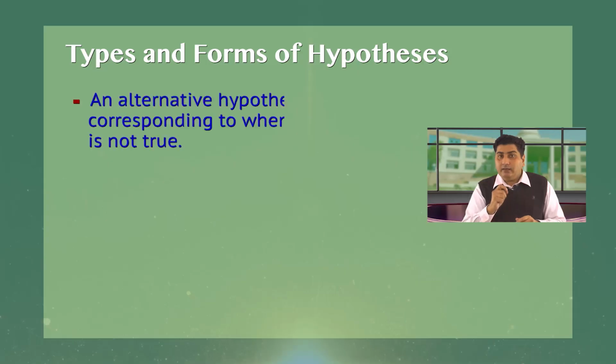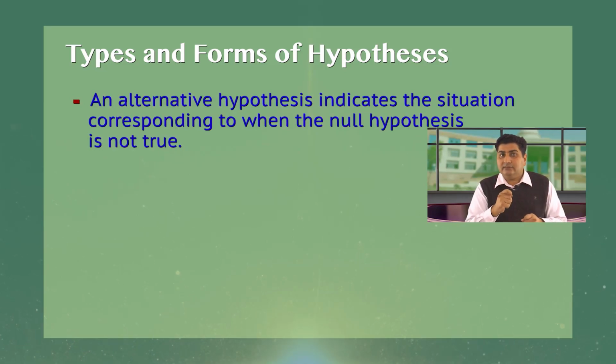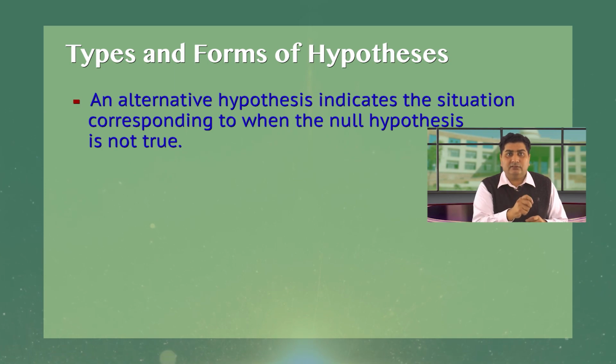In order to use inferential statistics, we need to translate the research hypothesis into a testable form, which is called the null hypothesis, and to generate an alternative hypothesis. An alternative hypothesis indicates the situation corresponding to when the null hypothesis is not true. The stated hypothesis will differ depending on whether or not it is a directional research hypothesis. How? We will discuss it ahead.